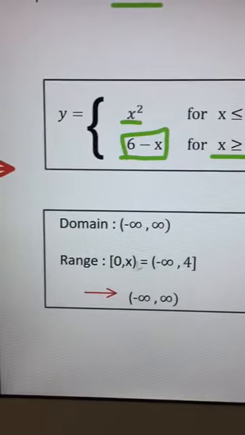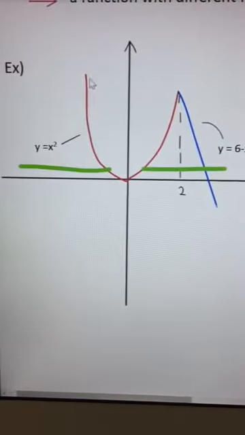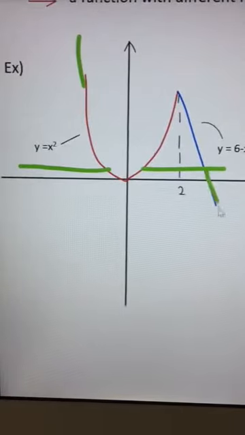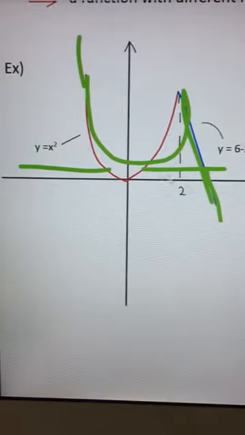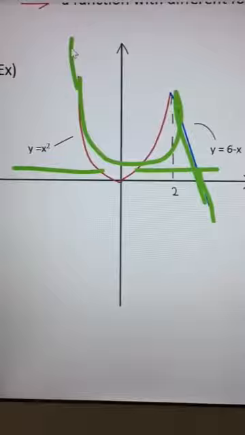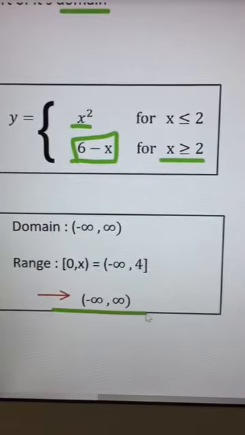Whereas the sum of these two is going to equal infinity because this part goes to positive infinity, but this part goes to negative infinity. So if we put this as one function, the range is going to be negative infinity to positive infinity, just as here.